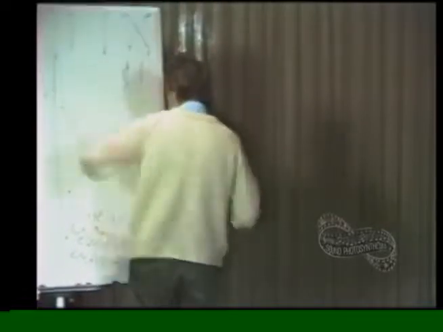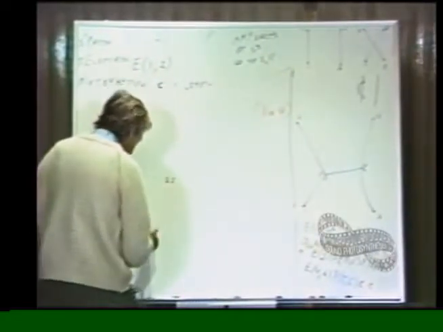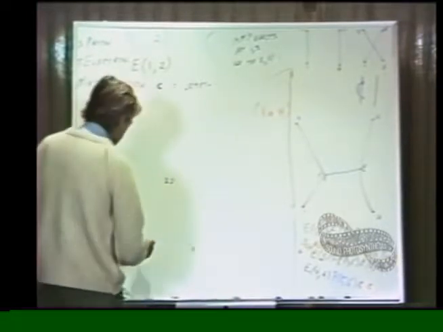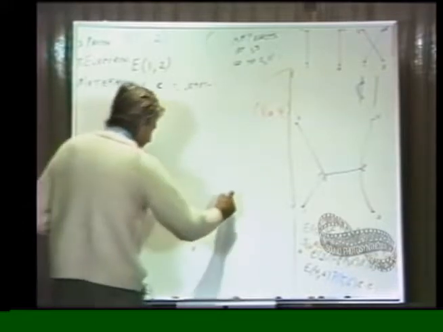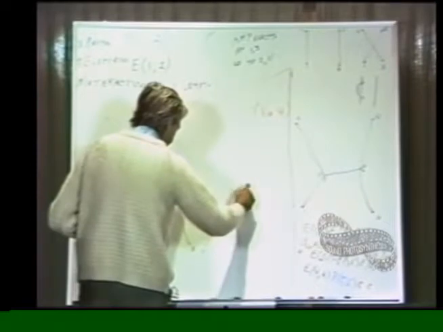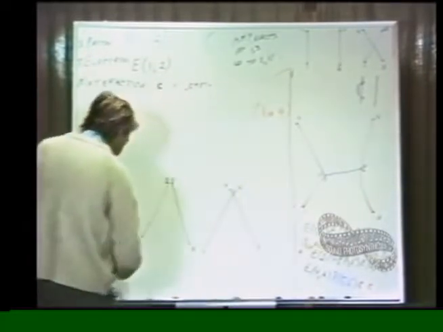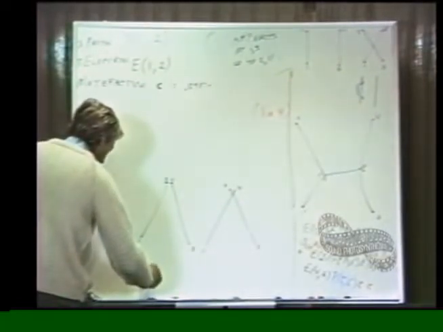Because suppose that these 2 points were very close together, 2 and 4. And I come from distant 1 and 3. Then I have to add the amplitude for this one to the amplitude for this, but I'm supposed to subtract, right? What are these amplitudes? This one was E12 times E34.